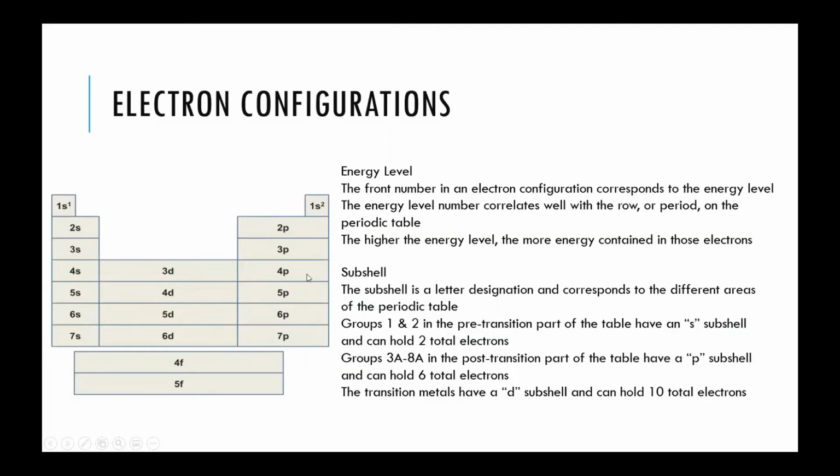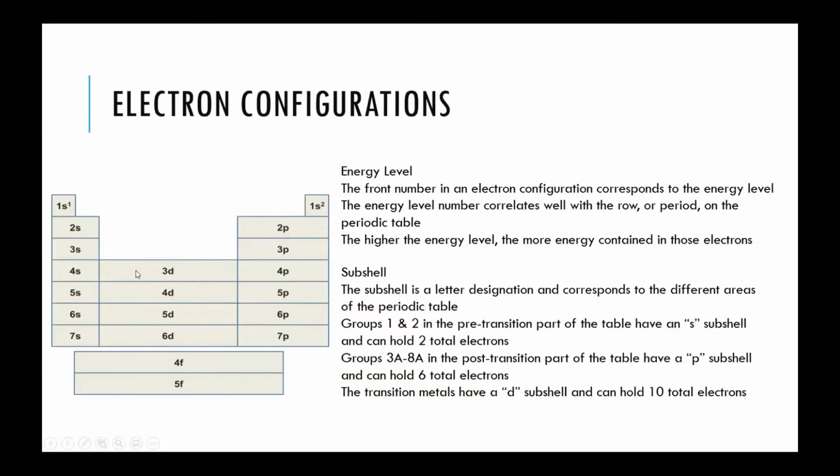The post-transition elements, the outermost electrons associated with those, are in the p subshell. Each p subshell has 3 orbitals which can each hold 2 electrons. So the p subshell can hold a total of 6, and the transition metals, the d subshell, can hold a total of 10 electrons.